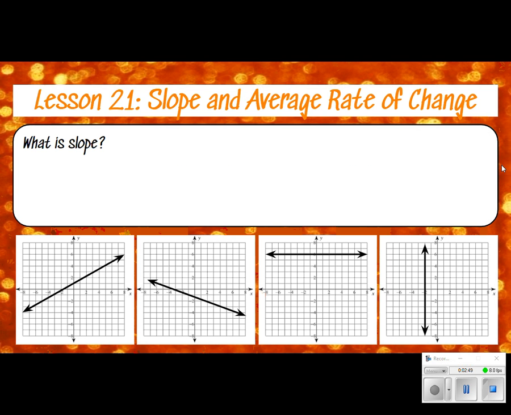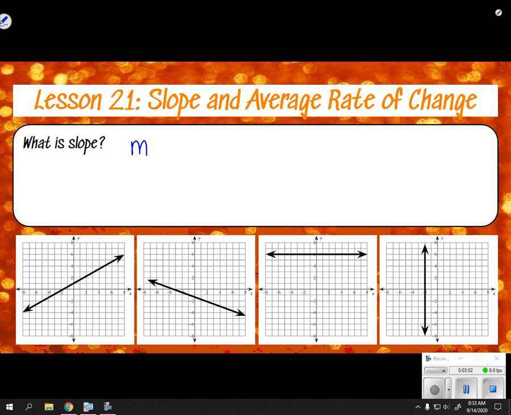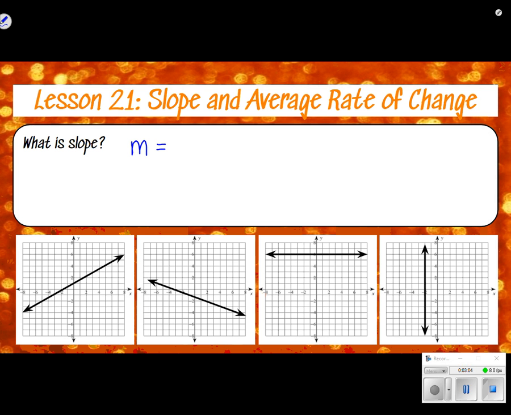All right, so what is slope? A lot of people will tell me when I offer this question up in class, they'll say y equals mx plus b. No, that is slope-intercept form. That is not slope. Slope is represented by the little lowercase letter m. It represents rise over run, or you can think of it as change in y over change in x.